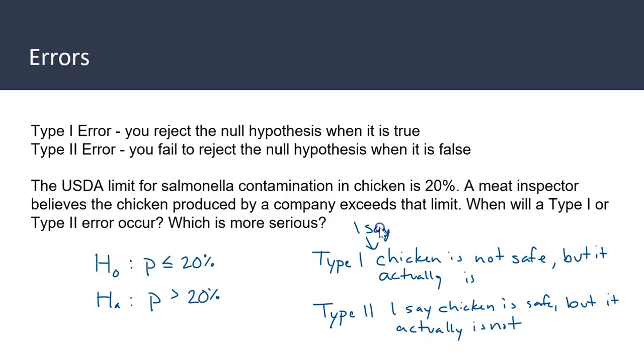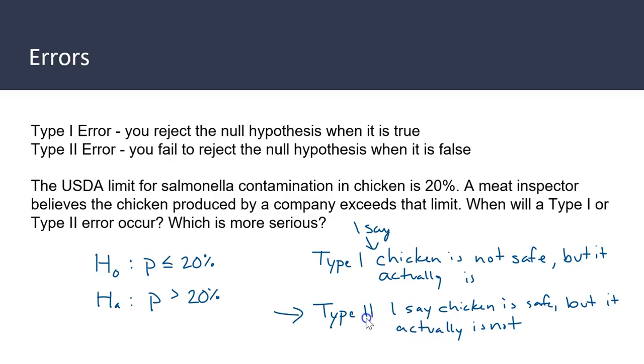So recalling chicken that is actually safe, annoying, expensive. Type 2 error, I say the chicken is safe, but it actually isn't. So I let chicken that has too much salmonella go out into the world and get bought and eaten. So in this case, the type 2 error is going to be more serious. I do not want unsafe chicken going out.